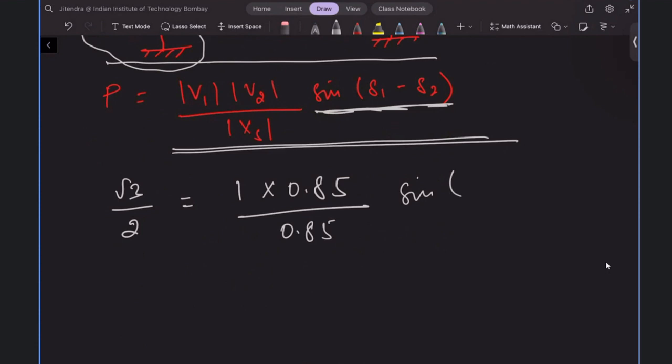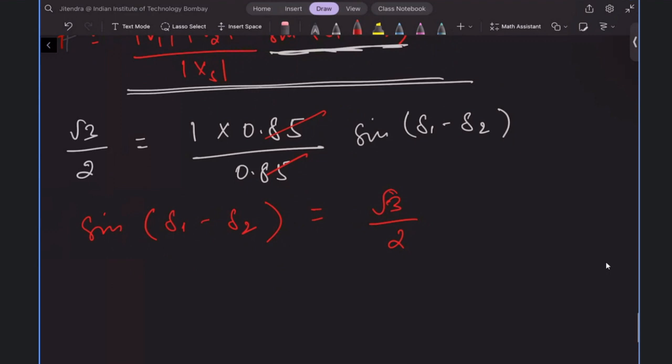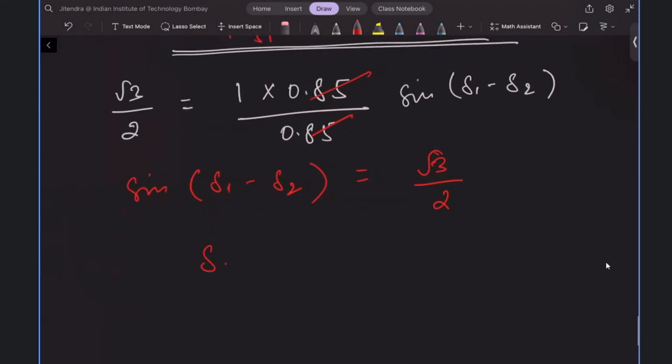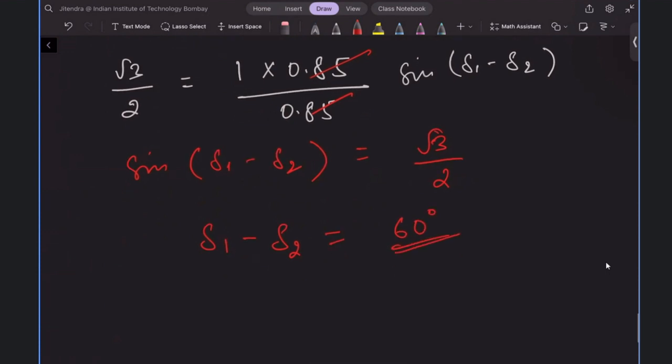Now we can easily cancel those out. So you will end up with sine of delta 1 minus delta 2 equal to root 3 by 2. And root 3 by 2 is the value that comes at what angle? 60 degrees, right? So that will be your answer.